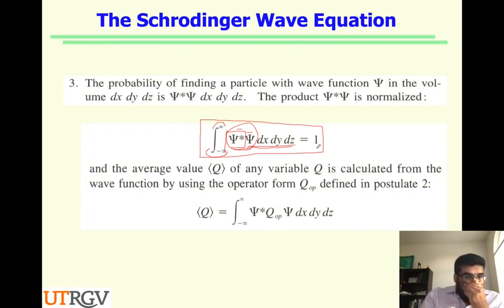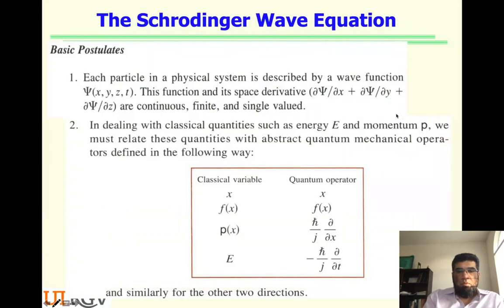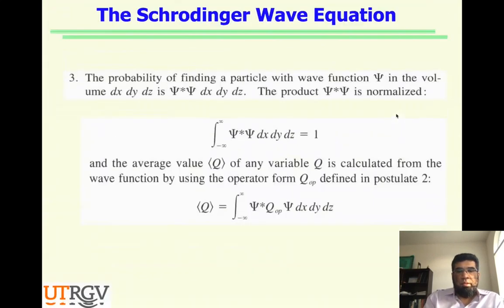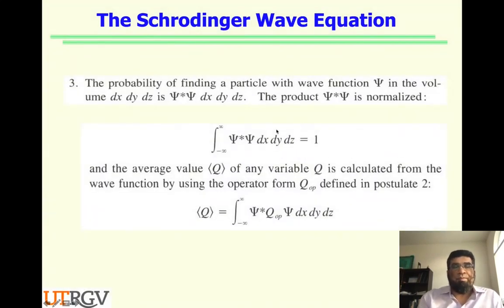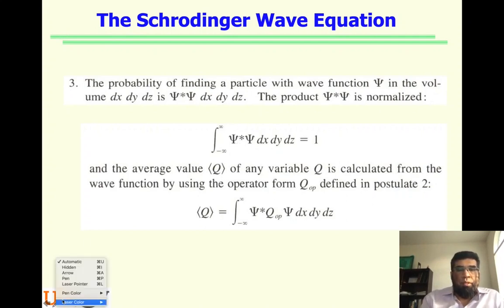So this is how we would define the probability. Let me just go back so we remove the writing. Basically we are taking the wave function, and we are taking the complex conjugate of that wave function, both here.